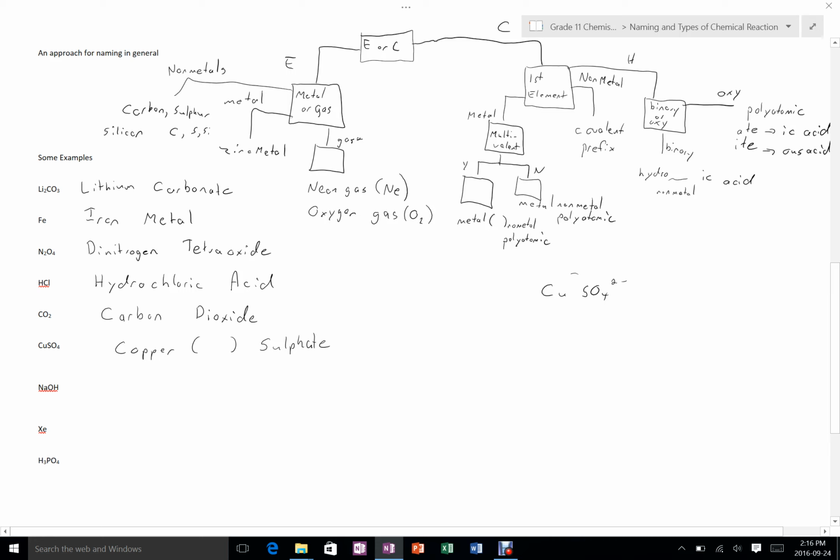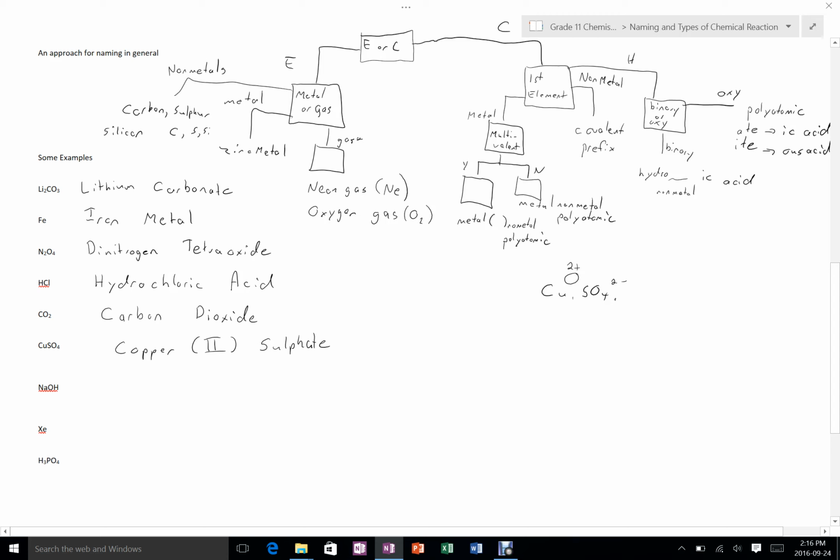So what must the charge on copper have been? If I imagine this being a 1-to-1 ratio, then this must have been 2 plus. So that's copper(II) sulfate. That's probably the trickiest thing in this whole thing.